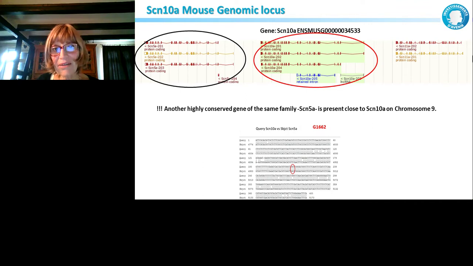And you can see here, it's surrounded by red. This gene is here. But besides this gene, there are some other genes of the same family, SCN5A and SCN11A. And when you align both sequences, you can clearly see that the sequences for SCN5A and SCN10A are pretty identical.